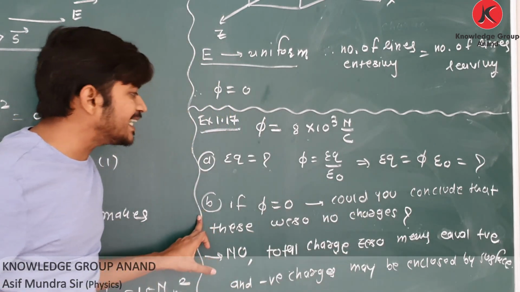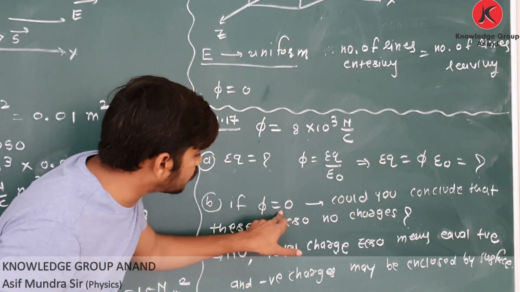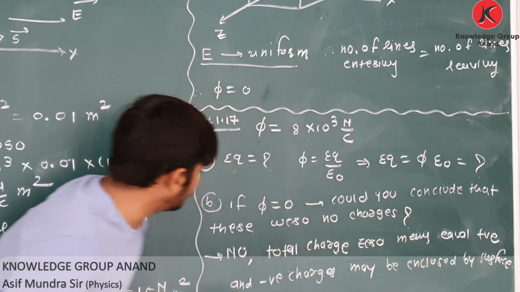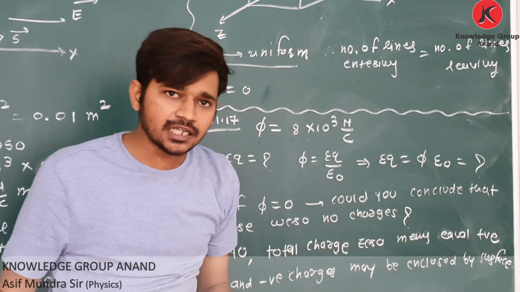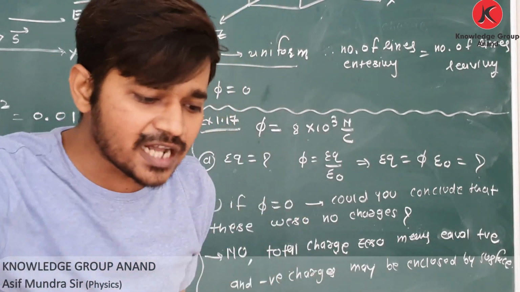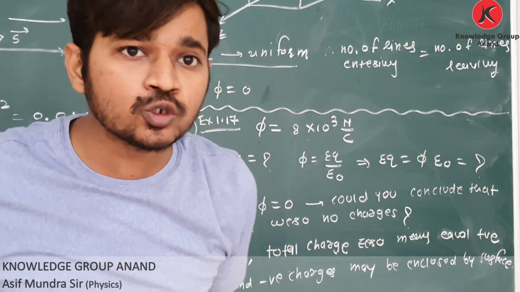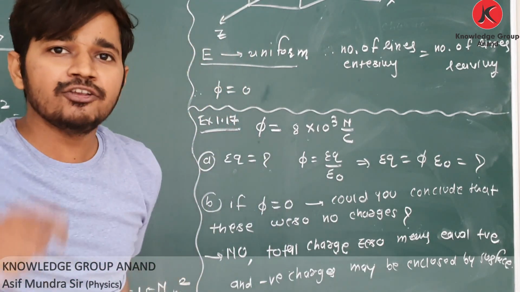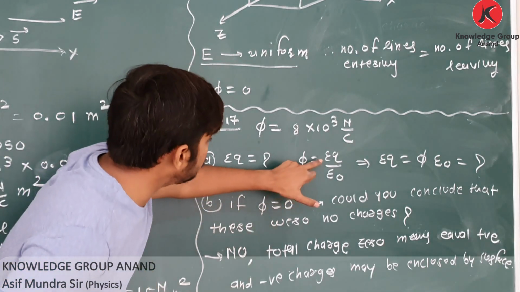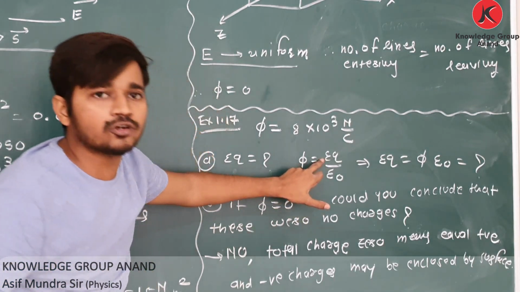What is the second question? If phi is equal to 0, meaning the flux is equal to 0, could you conclude that there were no charges? Is it possible that flux phi equal to 0 means the Gaussian surface encloses no charge? No, it is wrong. Phi is equal to sigma q upon epsilon 0.